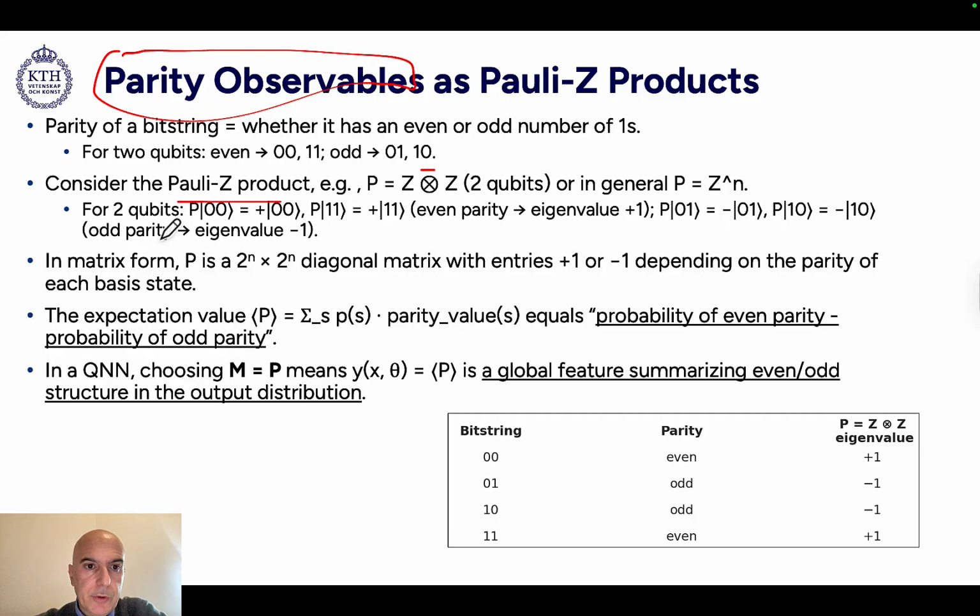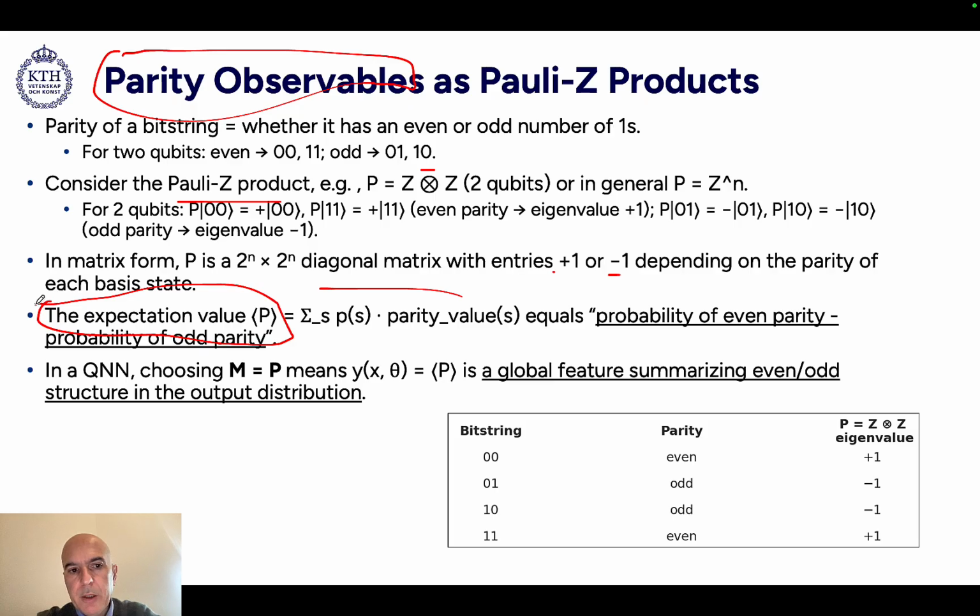So for instance, for 2 qubits, you can just take this tensor product and apply it. In matrix form, P is a 2^n times 2^n diagonal matrix with entries +1 or -1, depending on the parity of each basis state. The important part is really the expectation value of such a parity observable, which equals the probability of even parity minus the probability of odd parity.